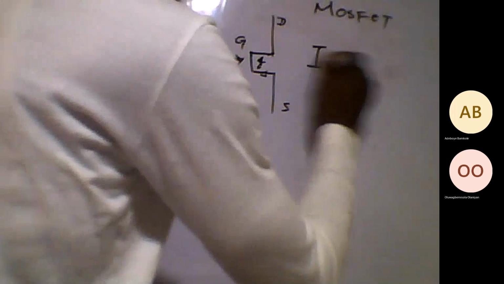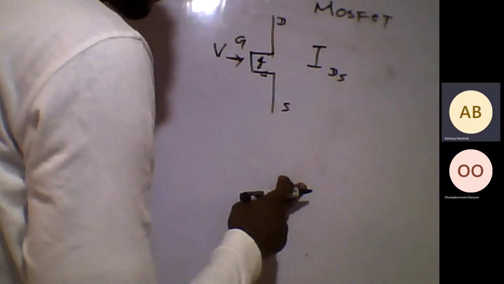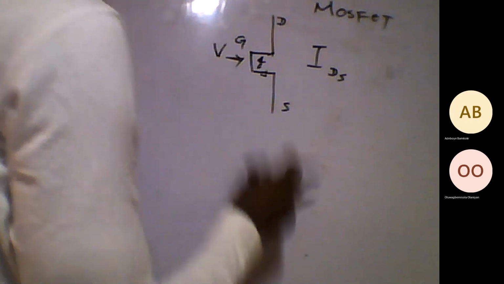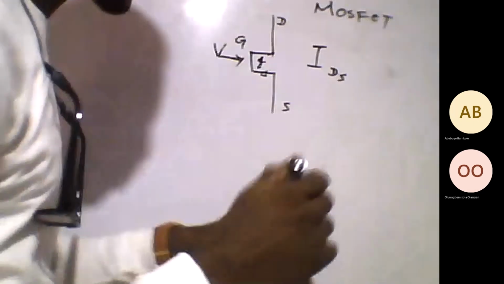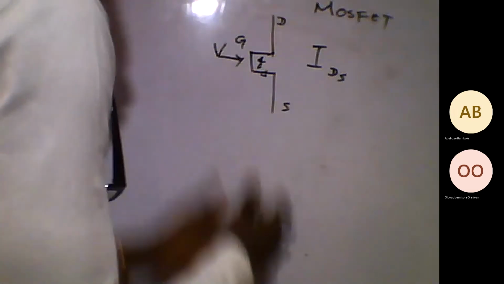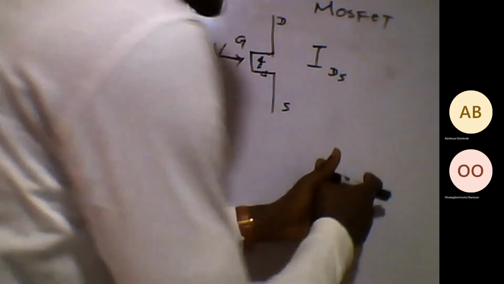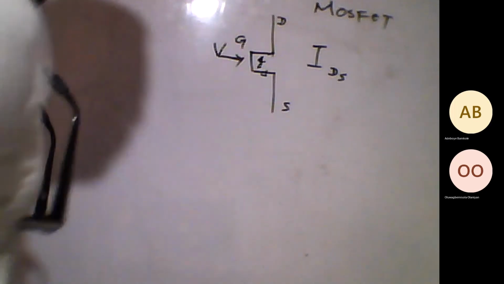That's why they call it IDS, because it flows from drain to source. So you apply a voltage, current flows. They call it transconductance because voltage is controlling current, but for BJT, current is controlling current. Are we together?